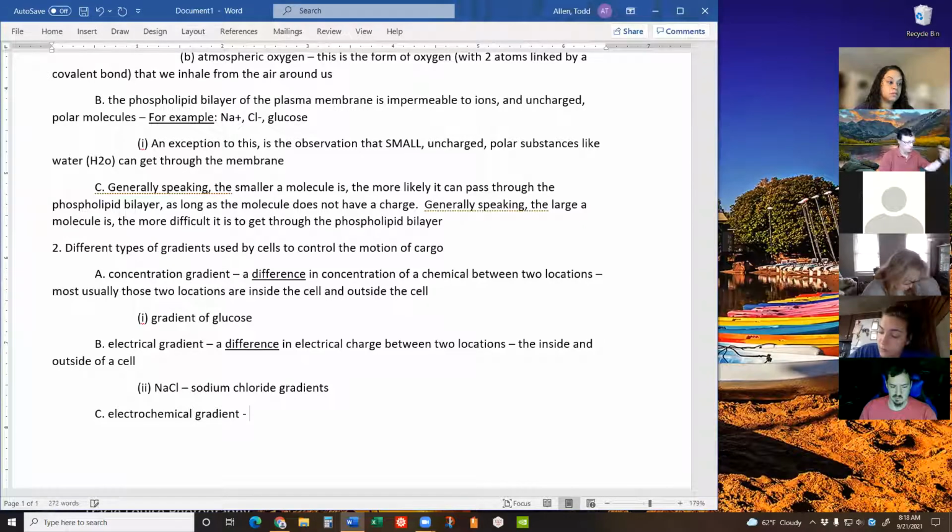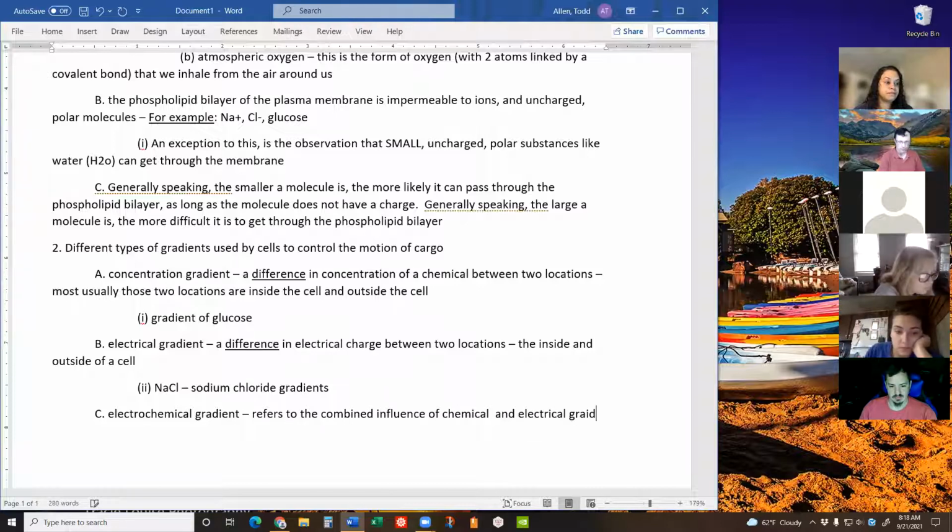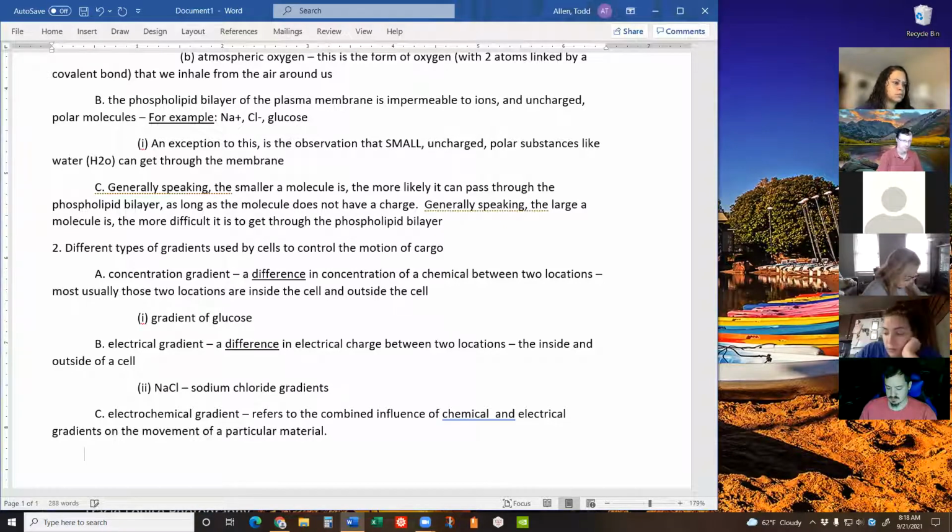An electrochemical gradient refers to the combined influence of chemical and electrical gradients on the movement of a particular material. Okay, so again, an example here would be potassium ion gradients.